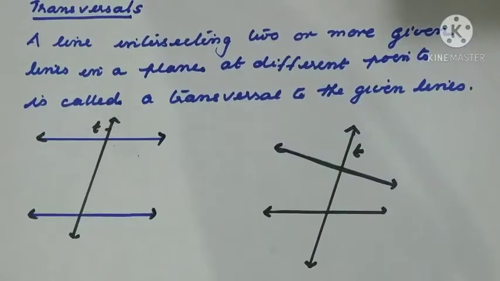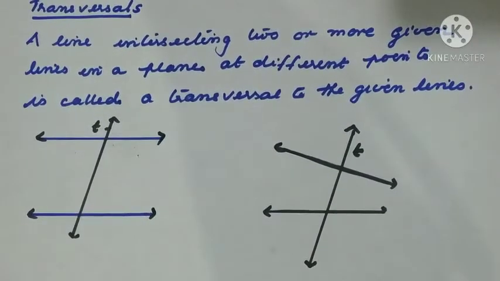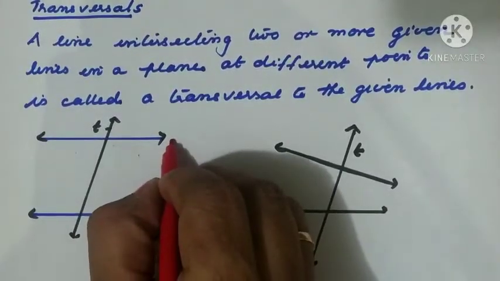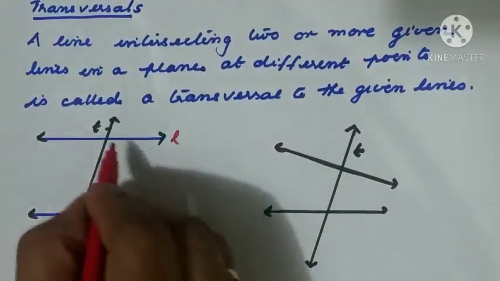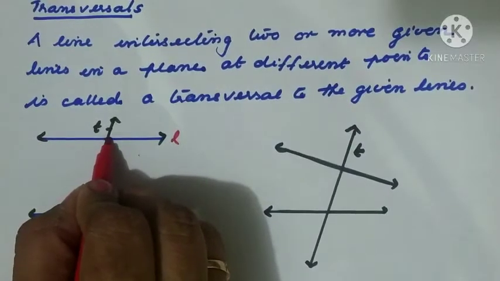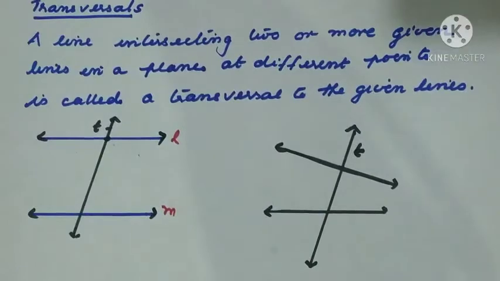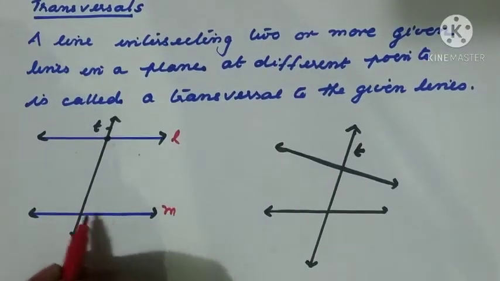Transversals. A line intersecting two or more given lines in a plane at different points is called a transversal to the given lines. See, in the diagram T is marked here. We have taken lines L and M, and T is intersecting L at this point, at the same time it is intersecting M at a different point.